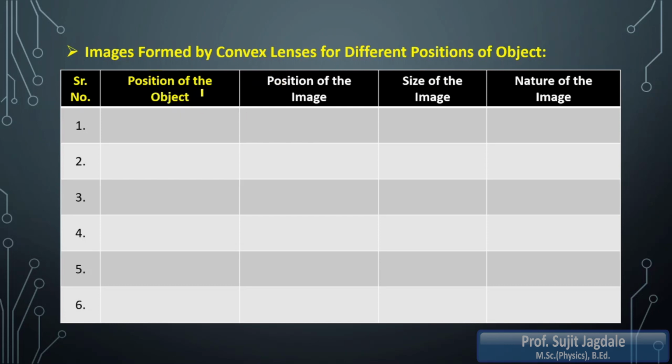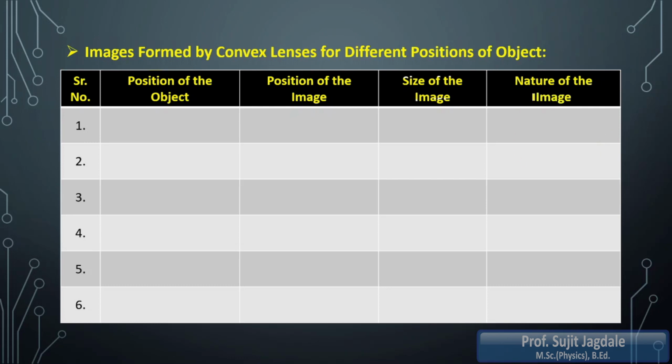Then if we change the position of the object, we have to observe the position of the image, exactly where it is forming. Then what is the size of the image, is it bigger or smaller. And then what is the nature of the image, is it virtual or erect or real, magnified or diminished.